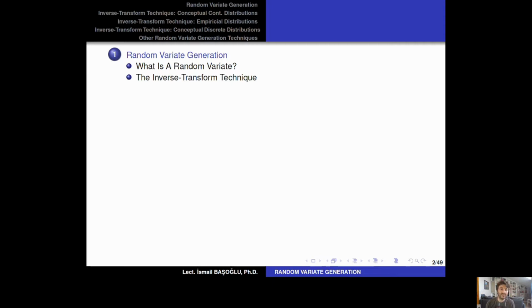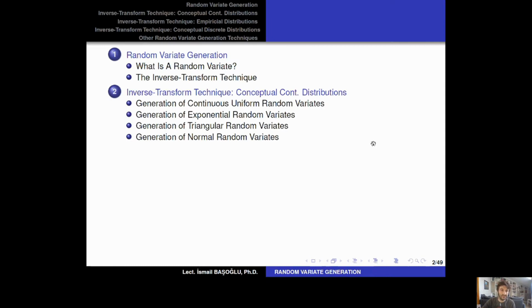So a practical realization of a random variable is called a random variate. And then we are going to learn about the most famous random variate generation technique, which is called the inverse transform technique, as a part of the first section.